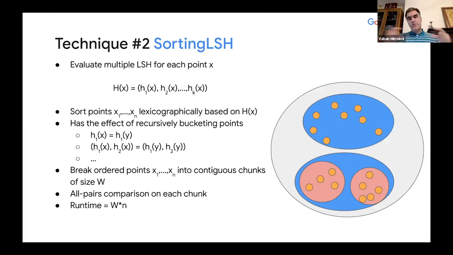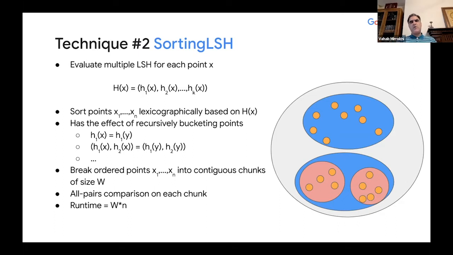The sorting part can be done in parallel, in a distributed way, very fast. And this gives us a way of bucketing the data, and we can manage the size of these buckets by cutting or finding consecutive chunks of the data on this sorting. So this will help us improve the practical, at least empirical, performance.